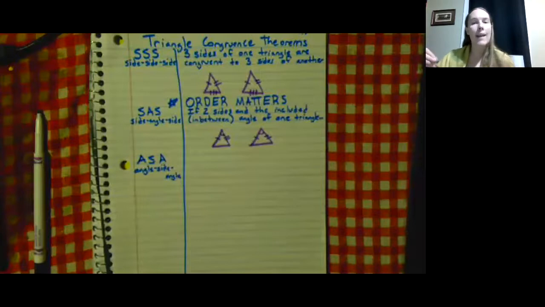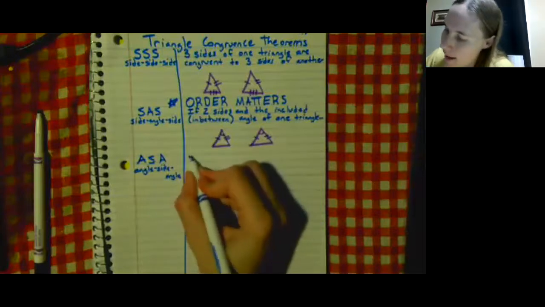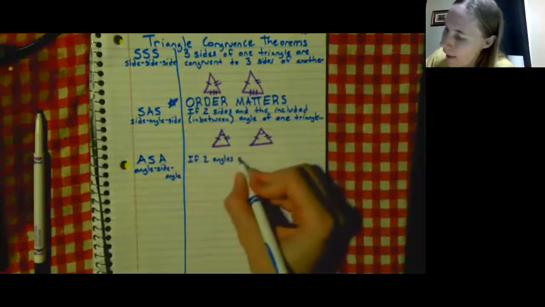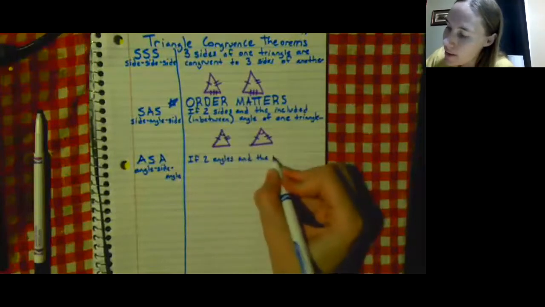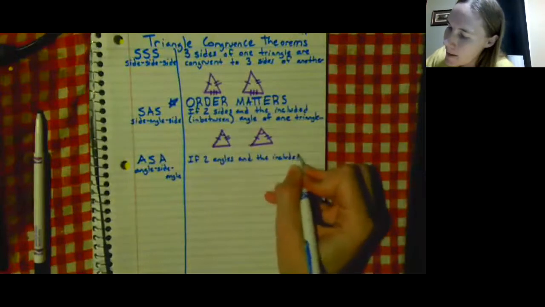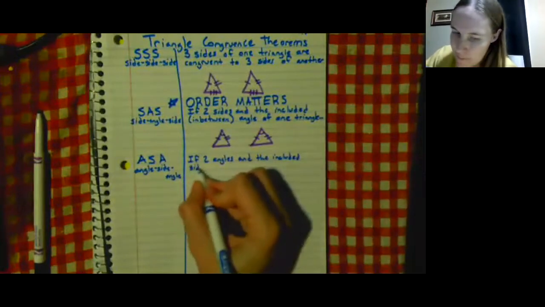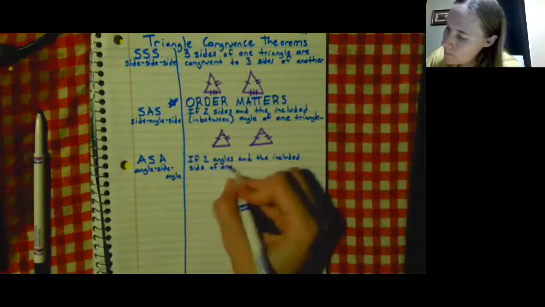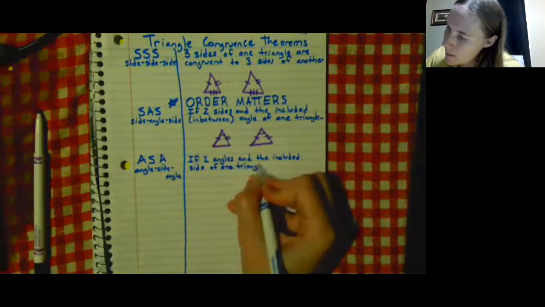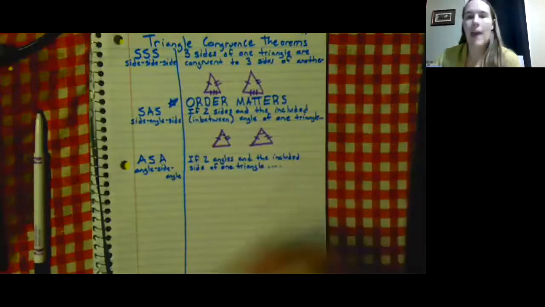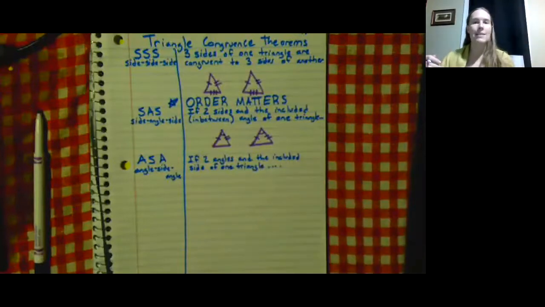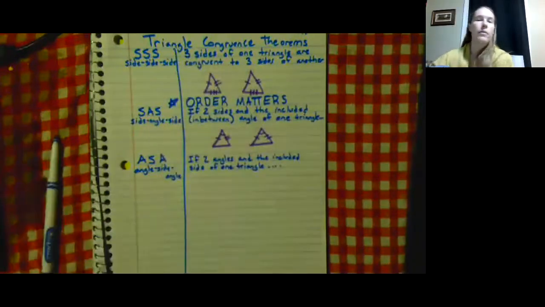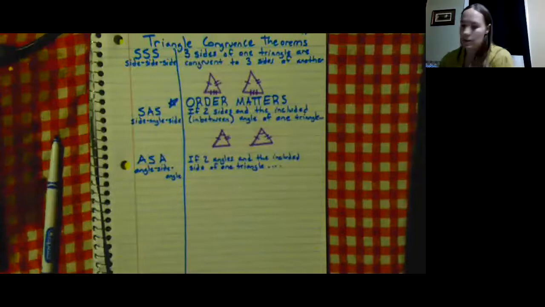So angle, side, angle is if two angles and the included side of one triangle are congruent to the same of the other. So that's that same thing. So these are the opposites: side, angle, side, and angle, side, angle. And they both mean that triangles are congruent.